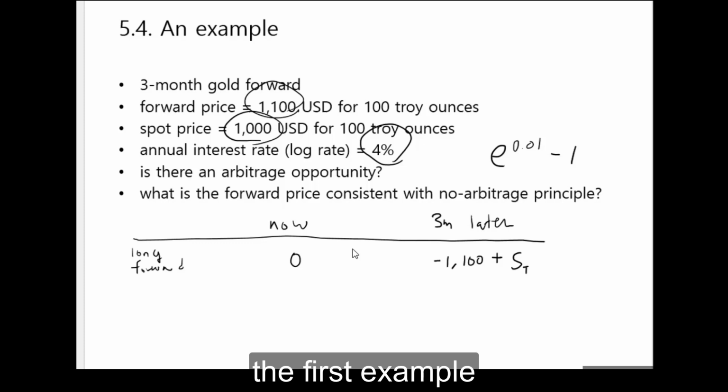So when you close your long forward position, your profit or your payment, you will receive the spot price at that time minus 1,100. If the spot price is lower than 1,100, you would have to pay. If the spot price is higher than this, you will receive some money. So that's what will happen from your long forward contract.